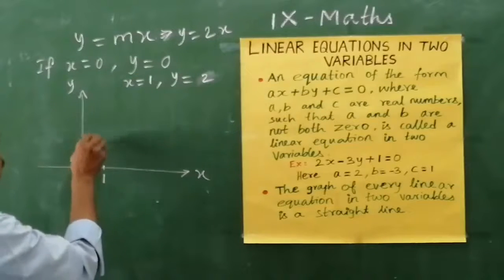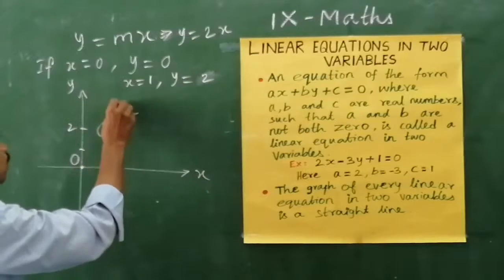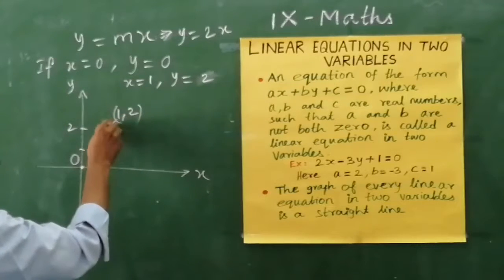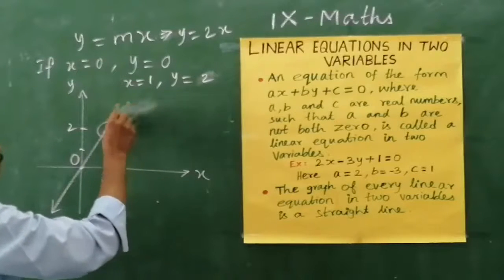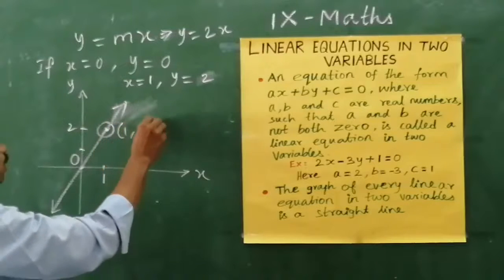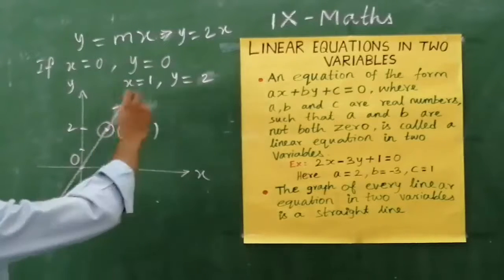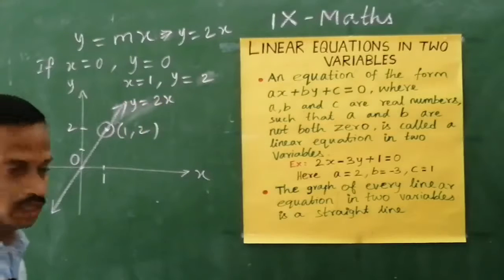This is 1 and this is 2 and this is 1 comma 2, then this line will pass like this. Am I right? So this point is 1 comma 2, and this line is nothing but y equal to 2x.